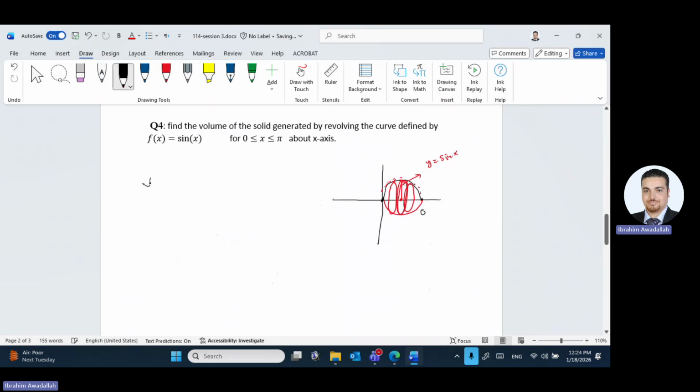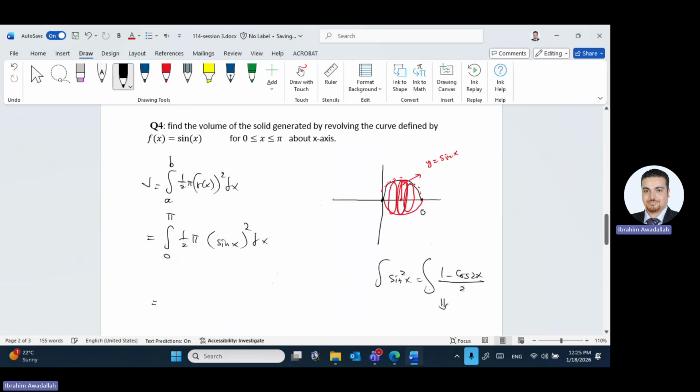So V equals the integration from a to b of pi r of x squared dx, which means the integration from 0 to pi of pi sine x squared dx. Last lecture we learned how to find sine squared x, it's 1 minus cosine 2x divided by 2 and so on.